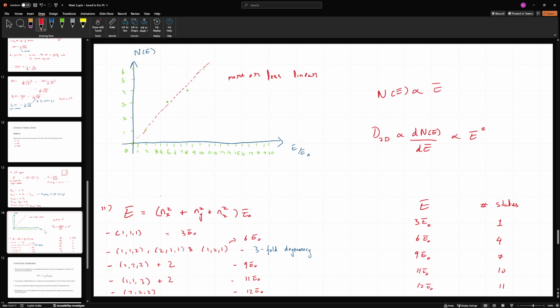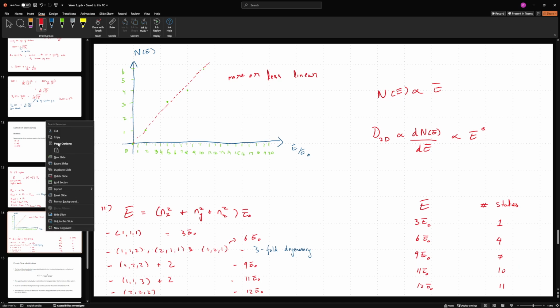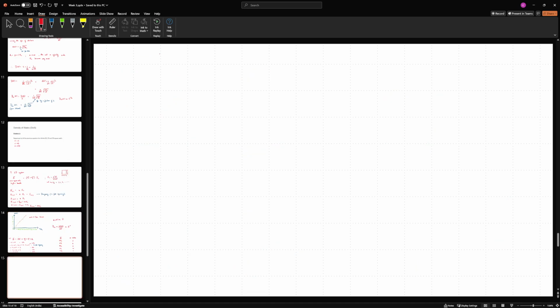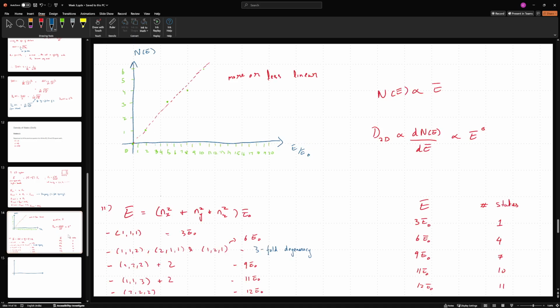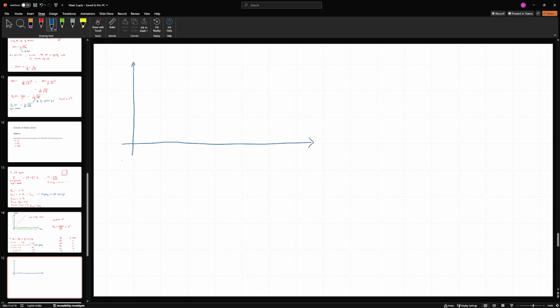So how will this graph look like? So this graph is going to look like this. I need to go from 1 through 11, right? Yes. So my y-axis needs to be 1 through 11.